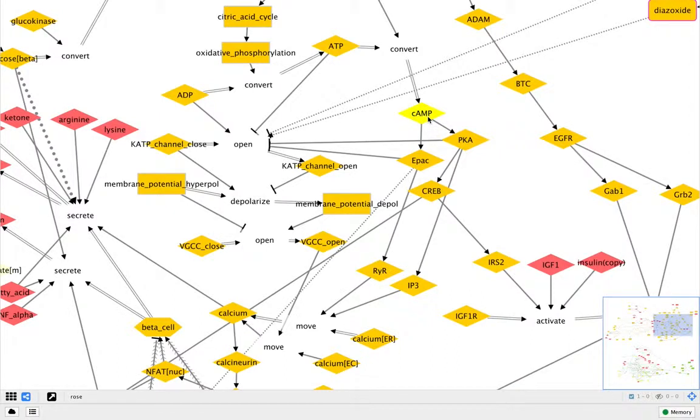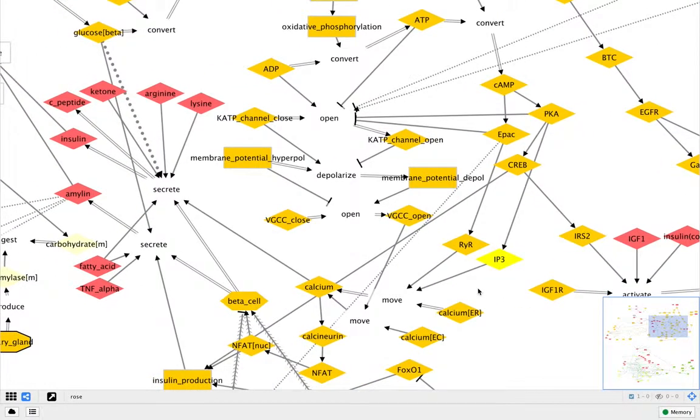And this cAMP activates two signaling molecules called EPAC and PKA. And this PKA activates the IP3. This IP3 induces movement of calcium from the endoplasmic reticulum to the cytosol.